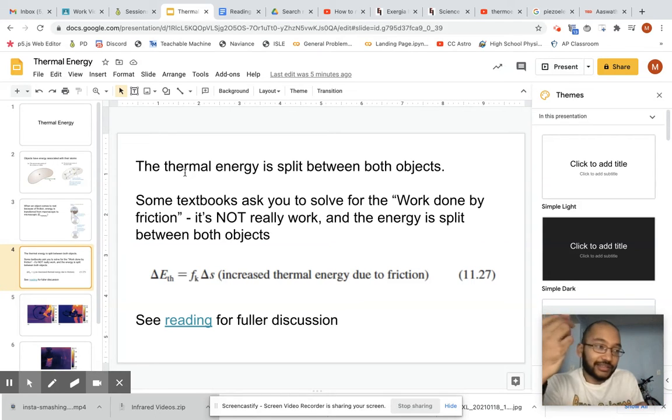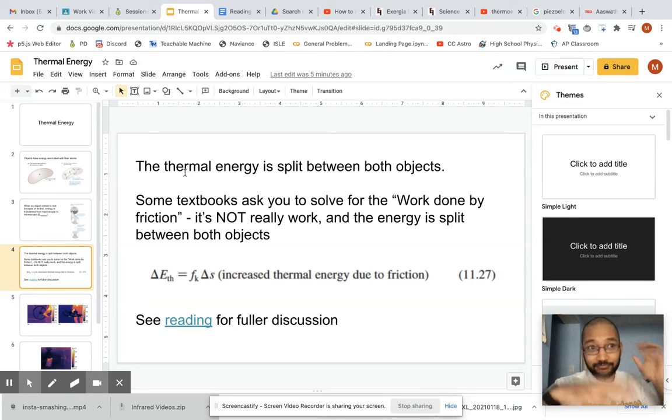Technically, it's not work, because all that energy hasn't left. The kinetic energy is split between the thermal energy of the object that's coming to rest and the surface. It's not an equal split, and we don't know how to divvy that up.